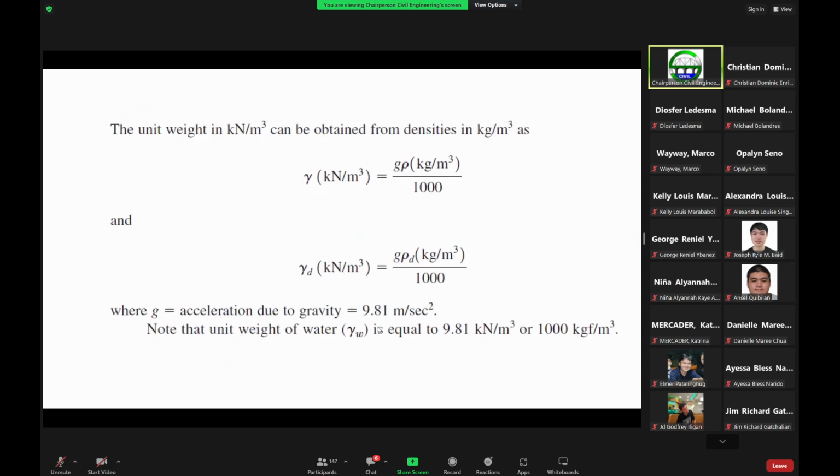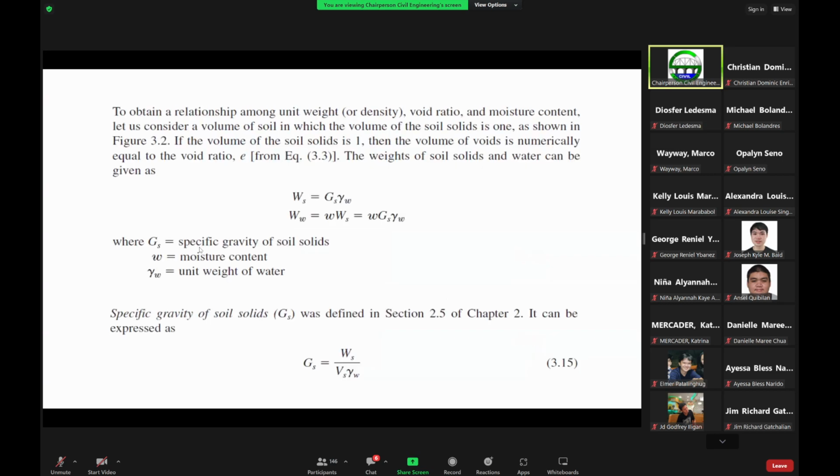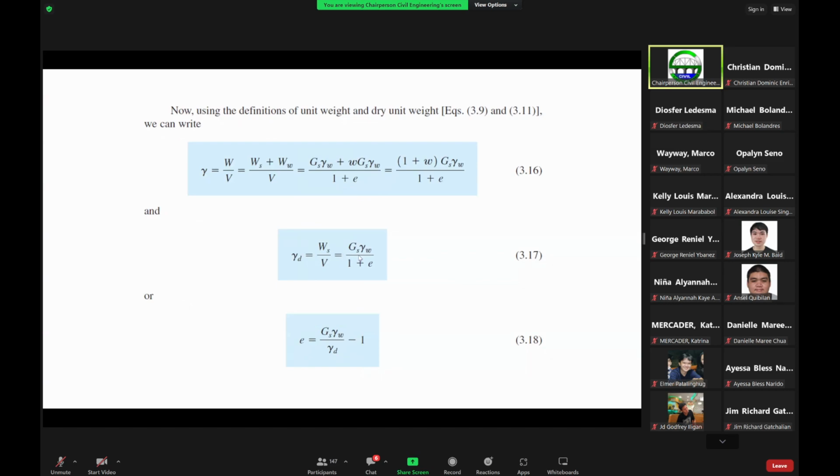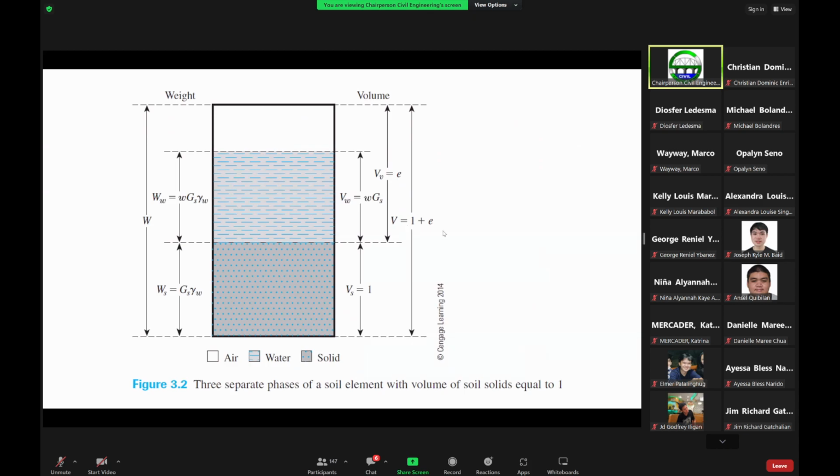So if we go back, then for the dry unit weight, the dry unit weight is equal to the weight of solids over the total volume. But we know that the weight of solids is equal to the specific gravity times the unit weight of water, over the total volume, which is 1 plus the void ratio.